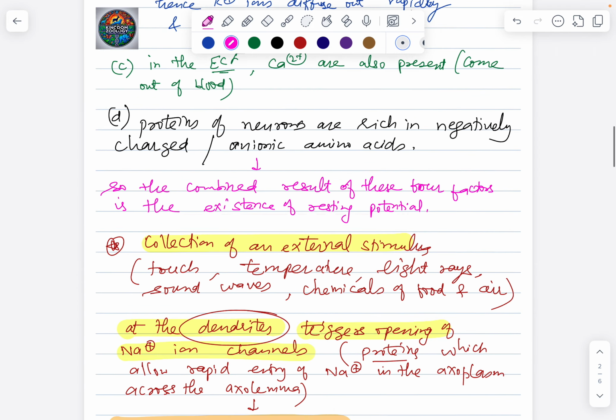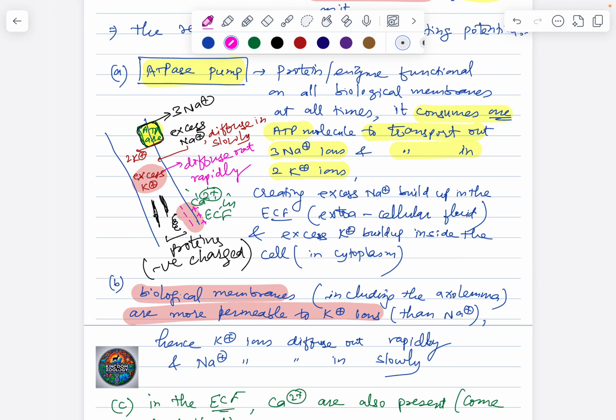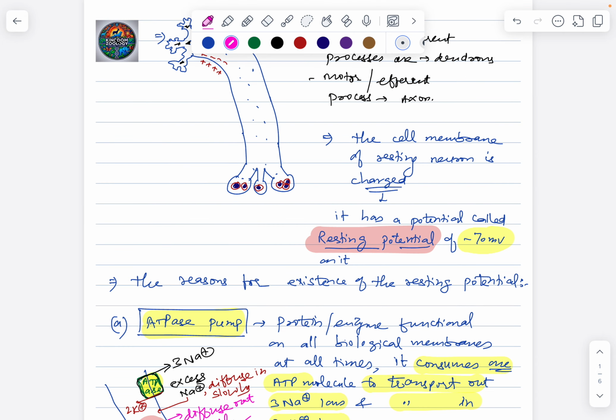Now what exactly was your resting membrane, the resting axolemma, called? The resting axolemma has a resting potential on it.